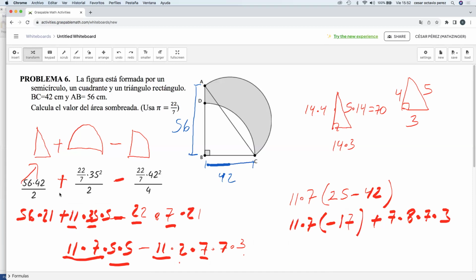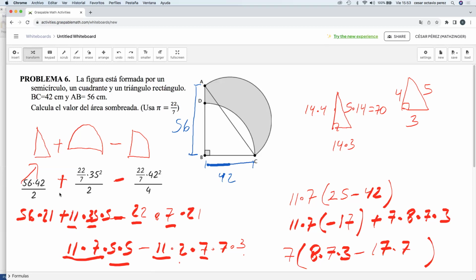There's nothing special about those numbers. Okay, we only need to do this. We can factor out 7. Only 7. Yeah. Okay. 8 times 7 times 3 minus 70 times 7. Okay.